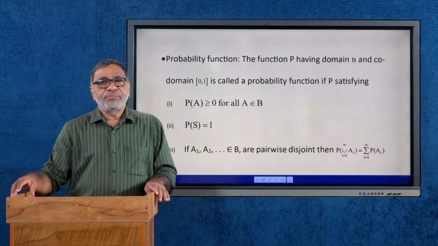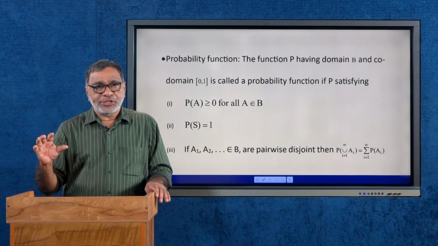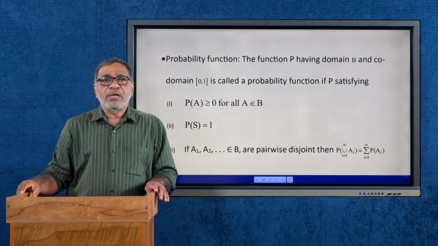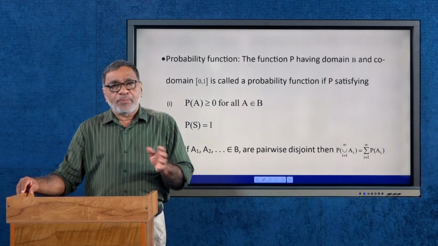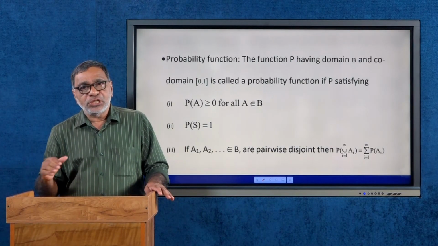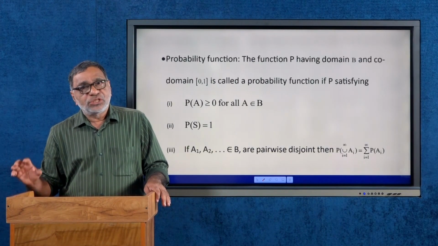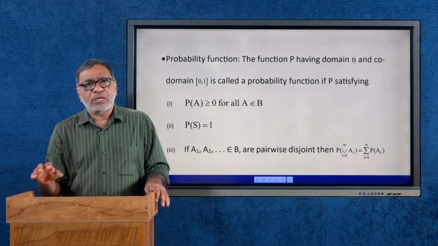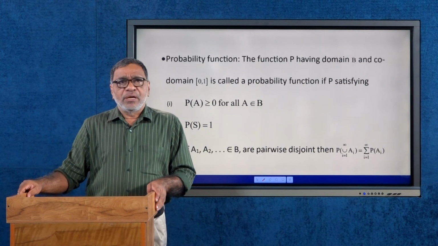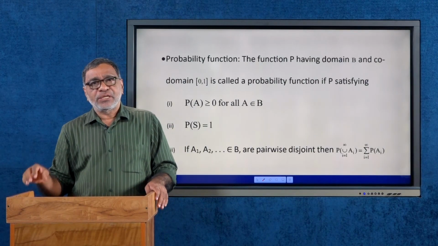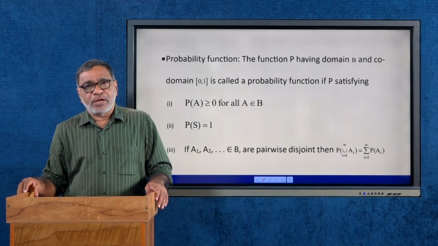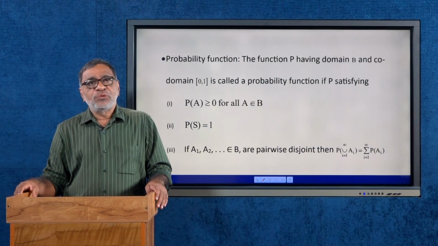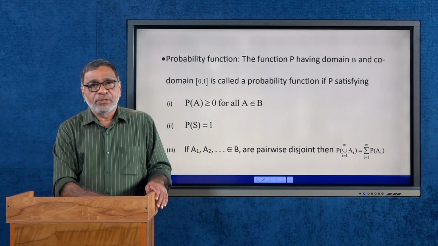And third, if A1, A2, etc. are pairwise disjoint events in the sigma algebra, then the probability of the union over i equal to 1 to infinity of Ai is equal to the sum over i equal to 1 to infinity of P of Ai. Usually we call these the axioms of probability, and any function defined on a sigma algebra with range 0 to 1 and satisfying these properties, we call a probability function.